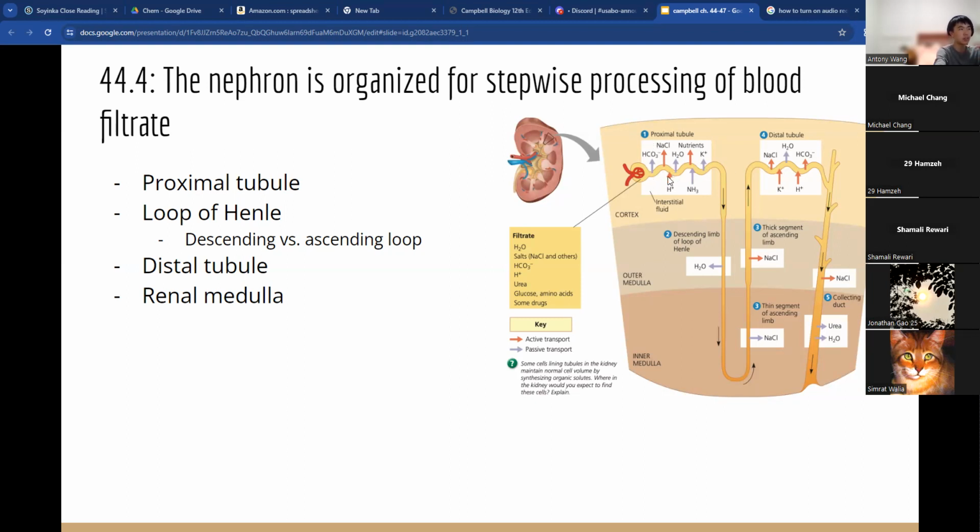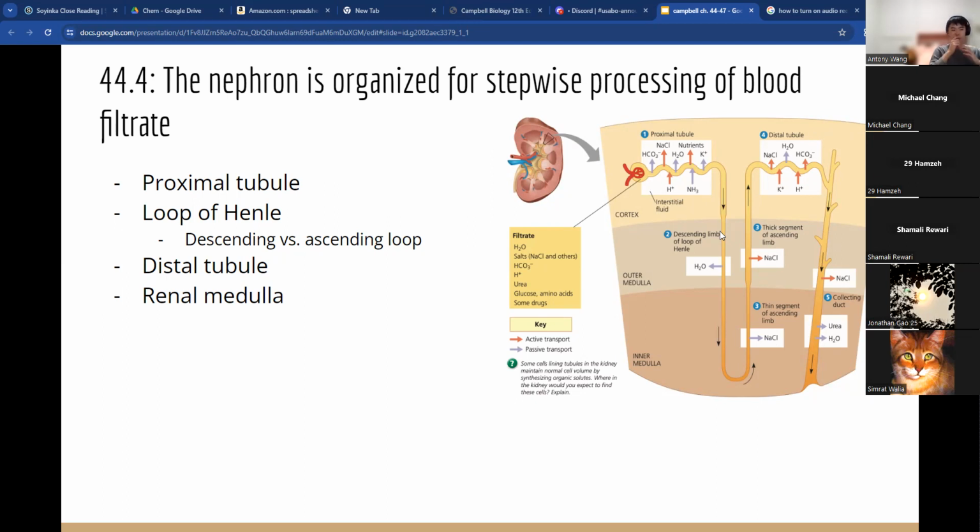So here you can see how the proximal tubule can help regulate the pH balance of your blood, along with osmoregulation because of the salts and water. Also, here you see the ammonia. You're secreting the ammonia into the filtrate.